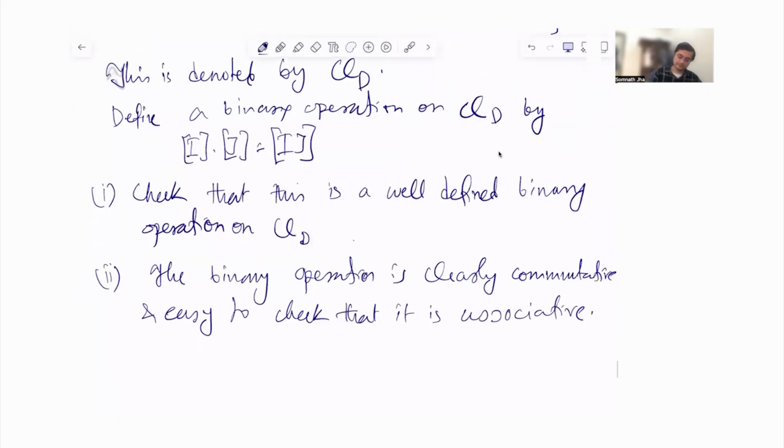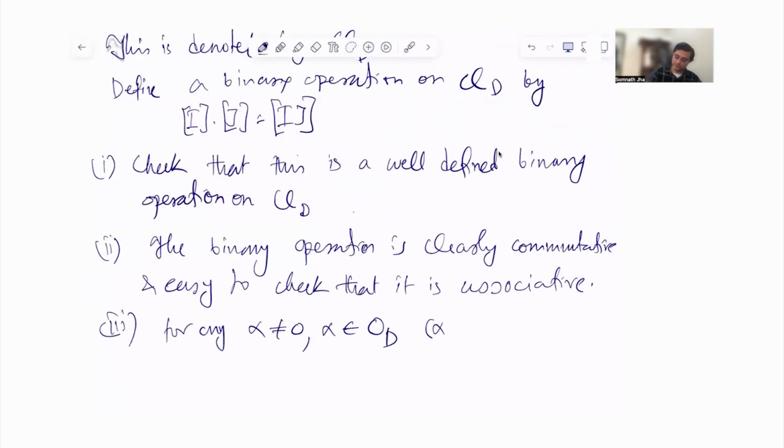And for any alpha not equal to 0, alpha in OD, you consider the principal ideal generated by alpha, which is the identity element.